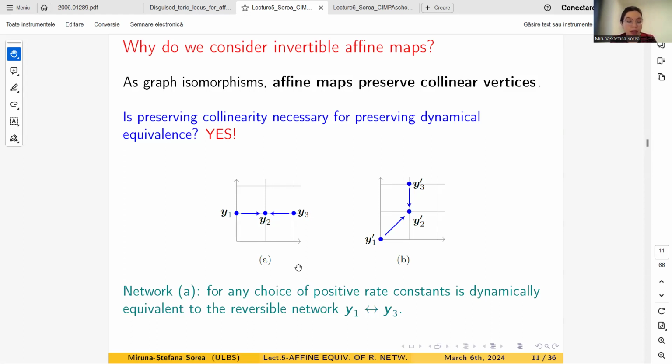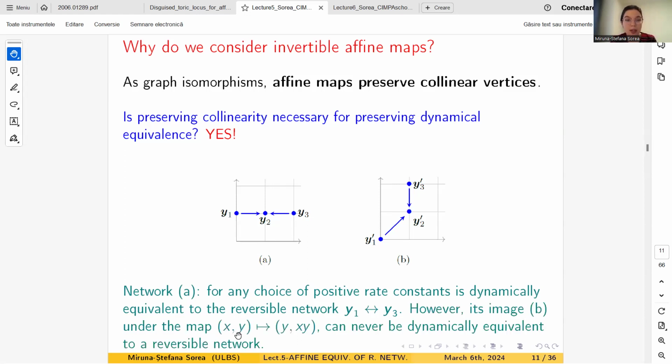But let's take the map sending x, y to y, comma, xy. So a map that does not preserve collinearity. And it turns out, if you try to decompose the vectors and find dynamical equivalence with some new network that has the same ODE system, you will never get a reversible network.